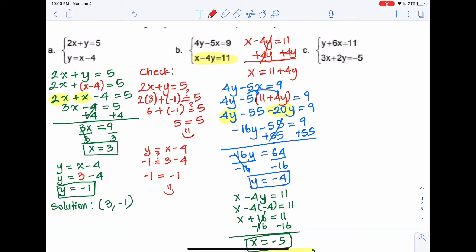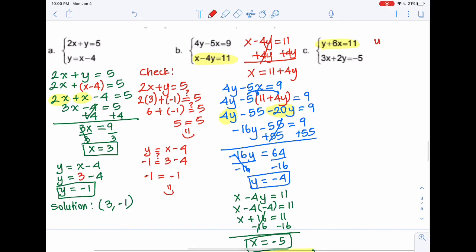Just like the second question, we have y plus 6x is equal to 11 as our main equation that we can use to isolate one of the variables since y's coefficient is 1. From here, y plus 6x equals 11. I'm going to subtract 6x from both sides. And y will be 11 minus 6x.